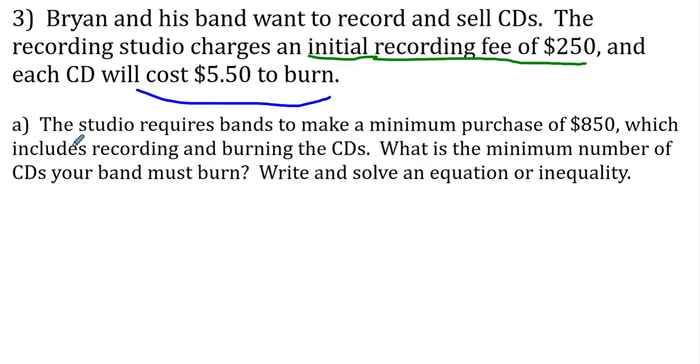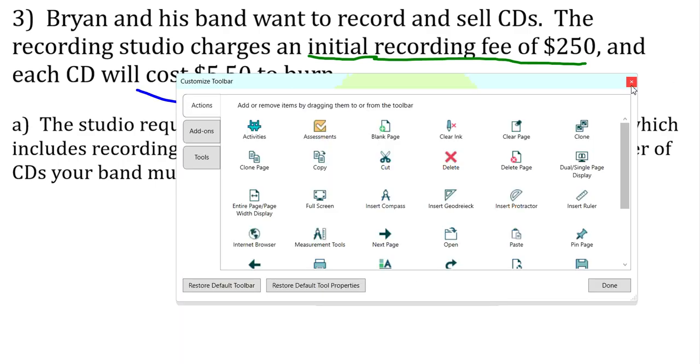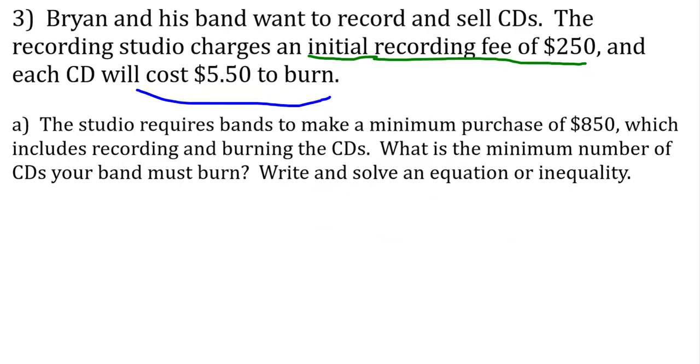As I keep reading, the studio requires bands to make a minimum purchase of $850, which includes recording and burning of the CDs. What is the minimum number of CDs your band must burn?